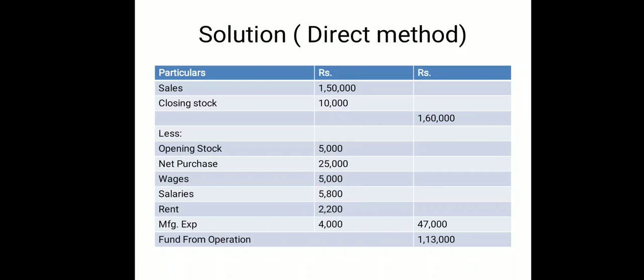Now one thing I'll make very clear, kindly don't compare this with your last class, where we tried to calculate the fund from operation, where in one solution we treated provision for taxation as a current liability, and in another solution we treated it as a non-current liability.